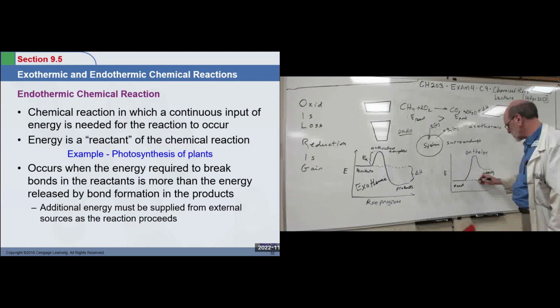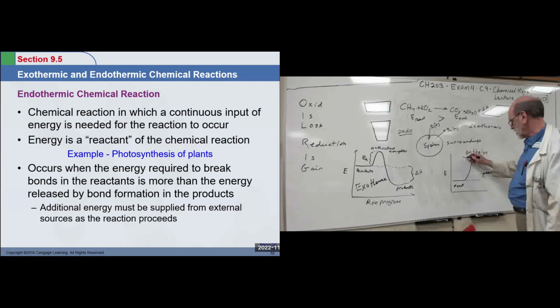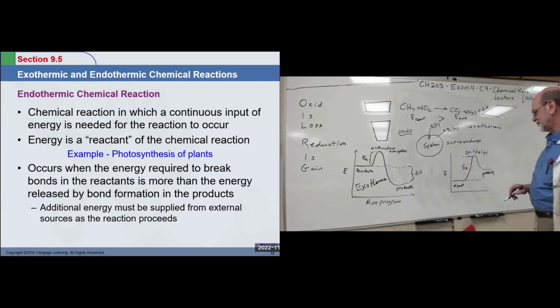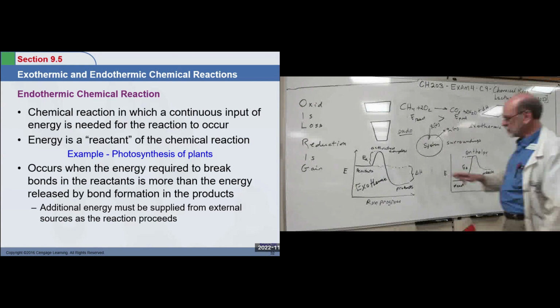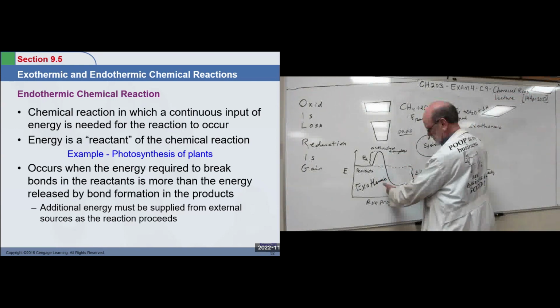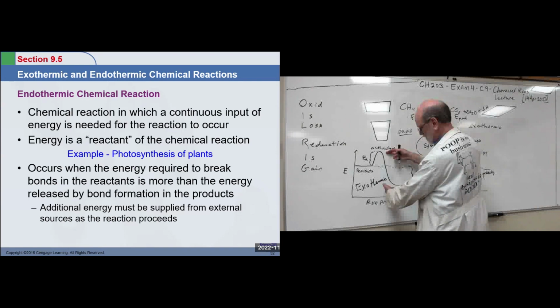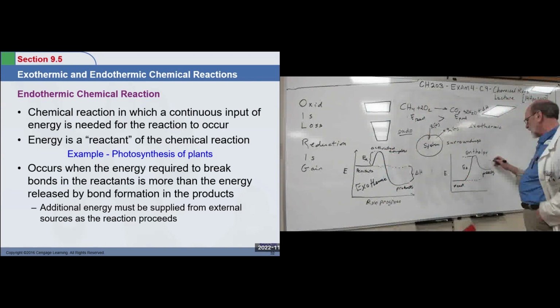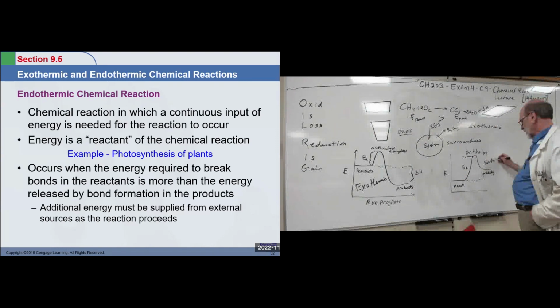So the activation energy for an endothermic reaction is usually higher. And if we flip this one around, the activation energy would be from here to here, so it'd be a lot bigger to go the reverse direction. This is endothermic.